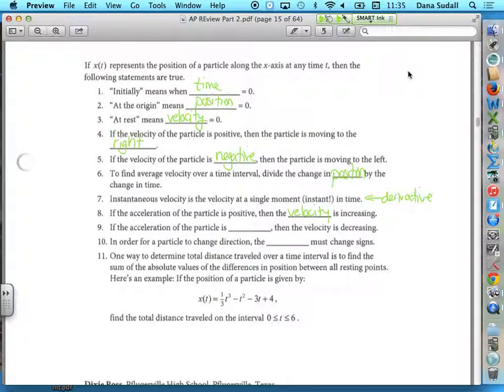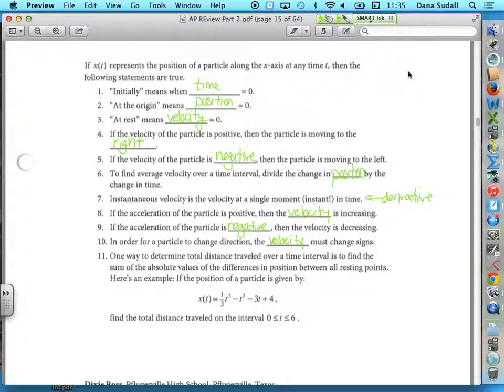If the acceleration of the particle is negative, that means the velocity would be decreasing. In order for the particle to change direction, the velocity must change signs. So go from a positive velocity to a negative velocity, or the other way around.